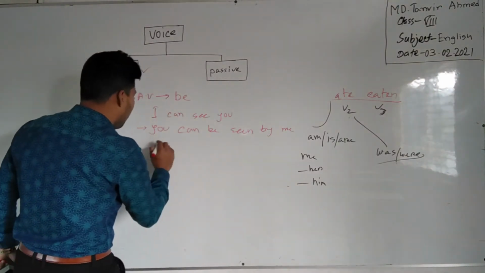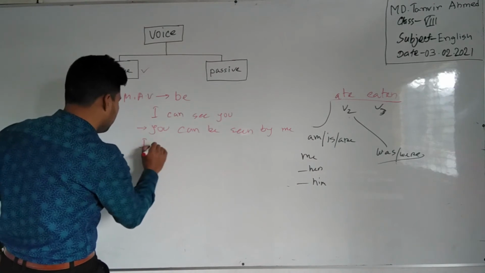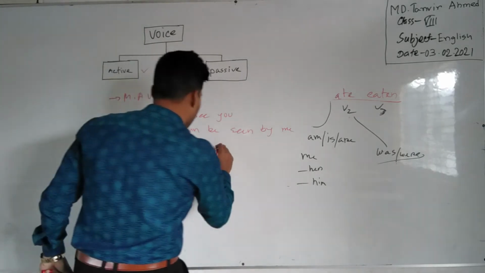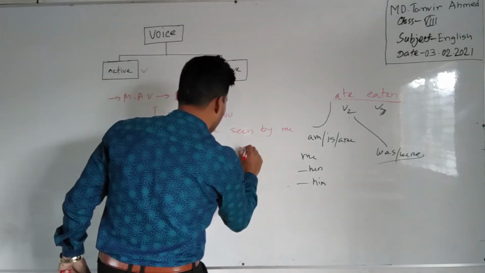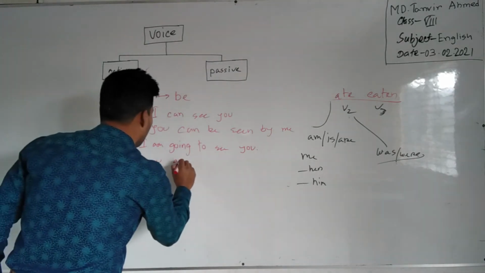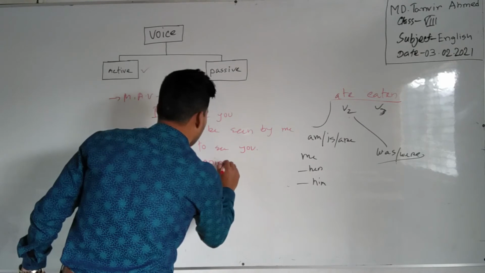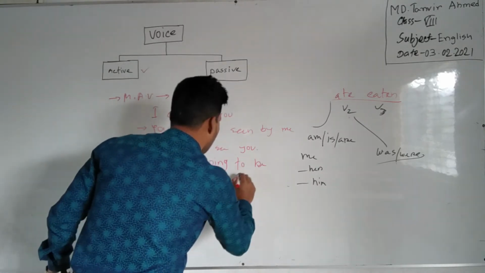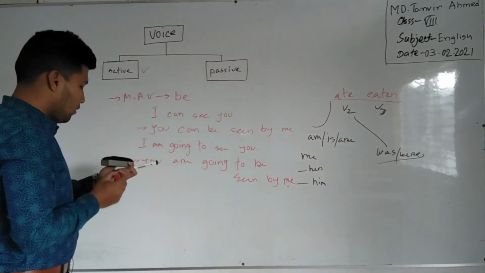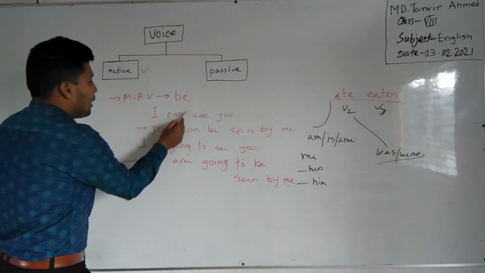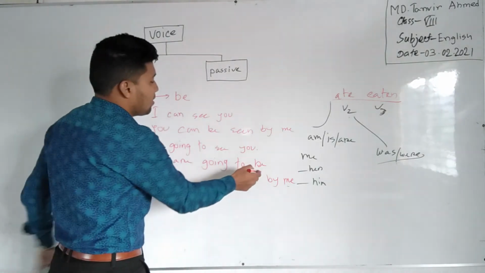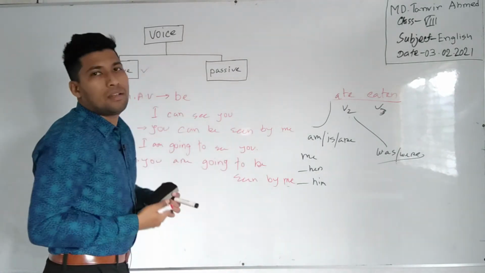Like if I write down "I am going to see you," what will be the answer? "You are going to be seen by me." Okay, so you can see here "can" is a modal auxiliary verb, "going to" is also a modal auxiliary verb. So after that I just have to put a "be" to write it properly.